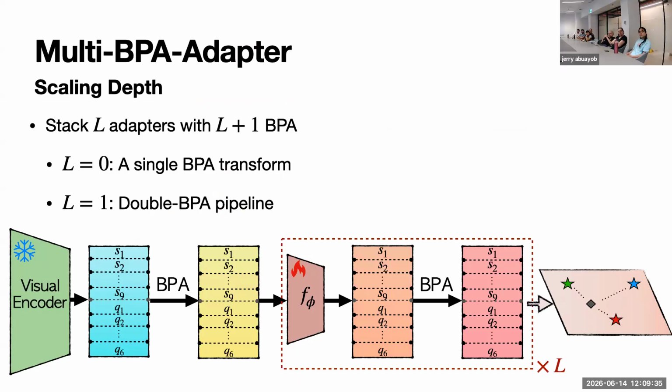We can stack L adapters with L plus 1 BPA transforms. When L is 0, this is a single BPA transform, and L equal to 1 is the double BPA pipeline that I just explained.